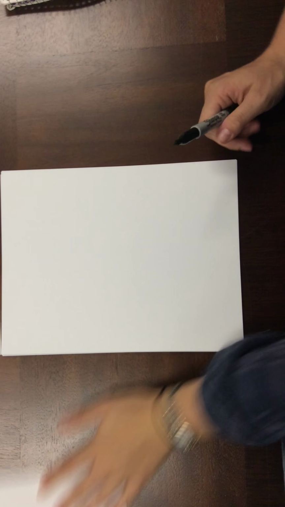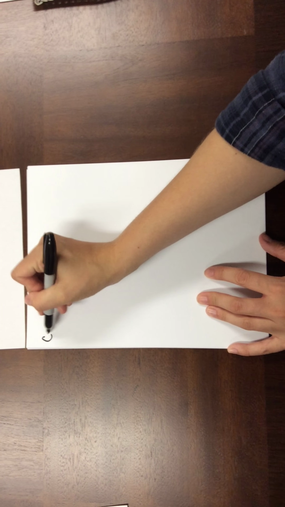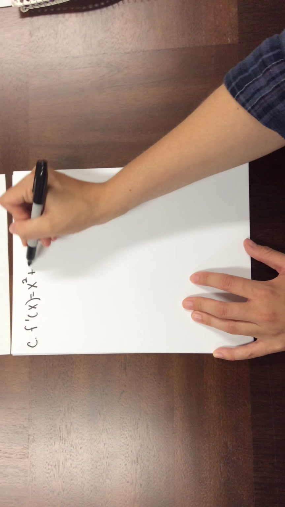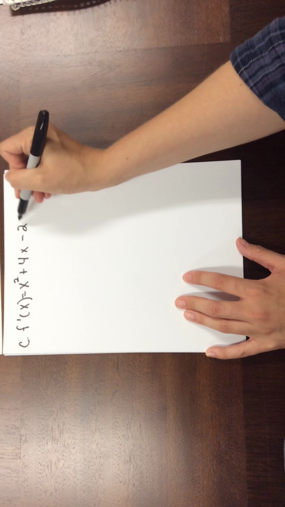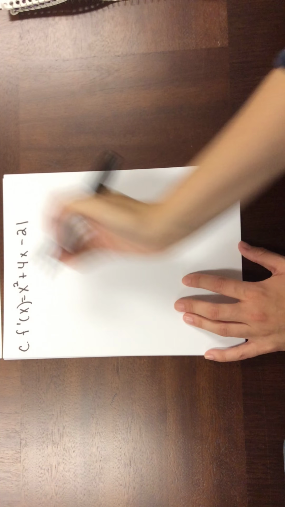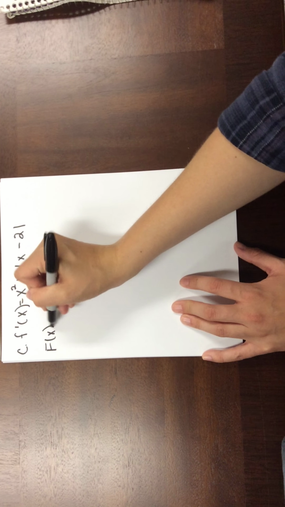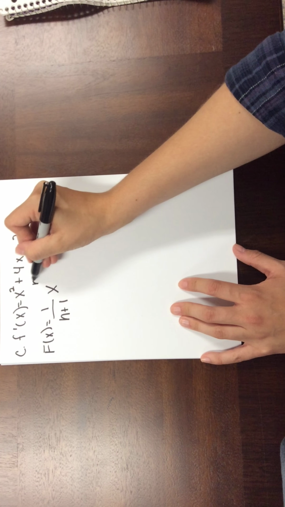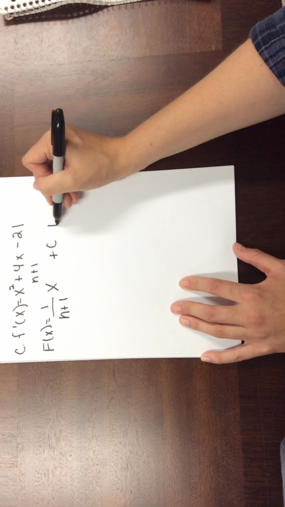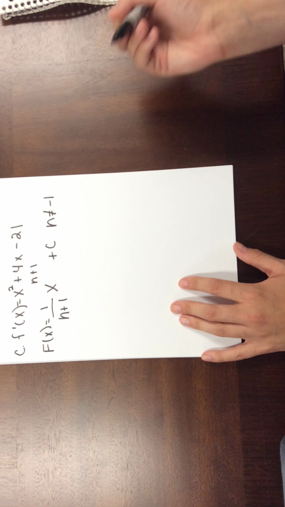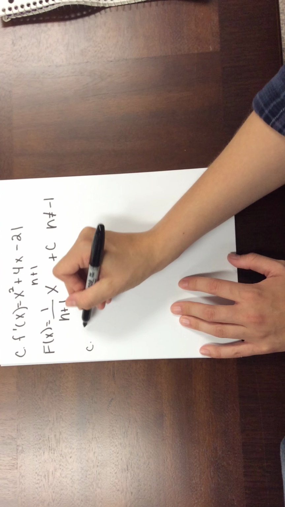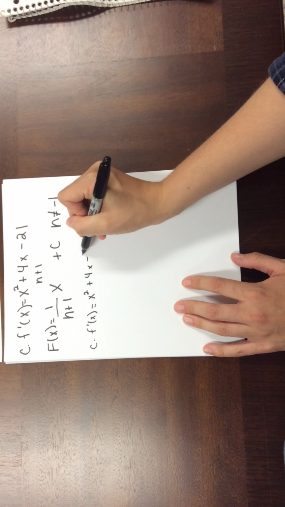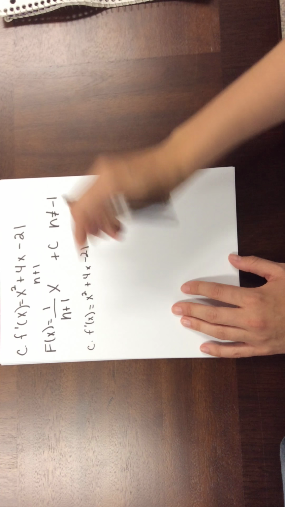So then part C, the third one they want us to find, f prime of x equal to x squared plus 4x minus 21. And so where f of x, again, is equal to 1 all over n plus 1 x raised to the n plus 1 plus the constant, n cannot equal a negative 1. In this equation, we're going to have different n values.